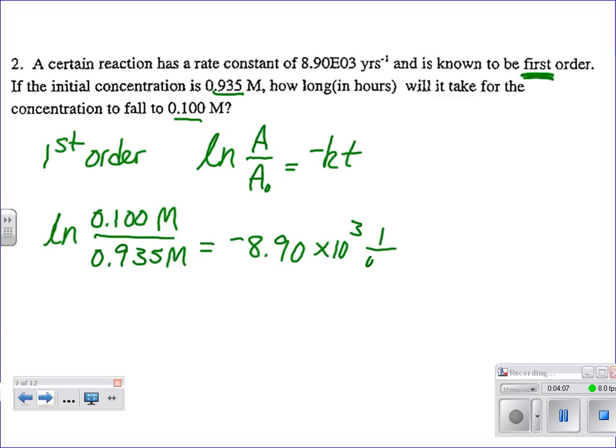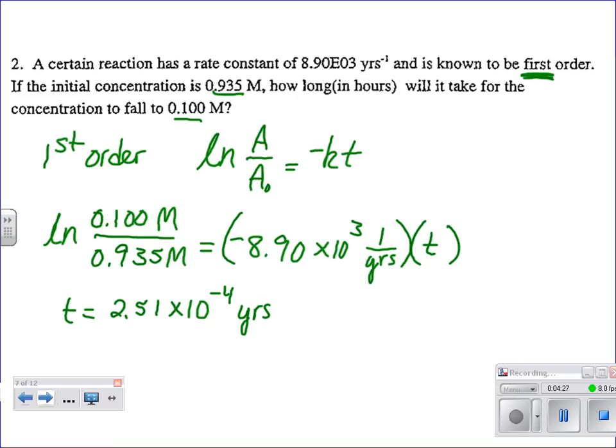You can write it however you want, years, 1 over years. We're going to take that and multiply that times T, which is what we're solving for. So when you go through solving, you get T equals 2.51 times 10 to the -4th, and that answer is in years. But the question is, how long is it in hours?